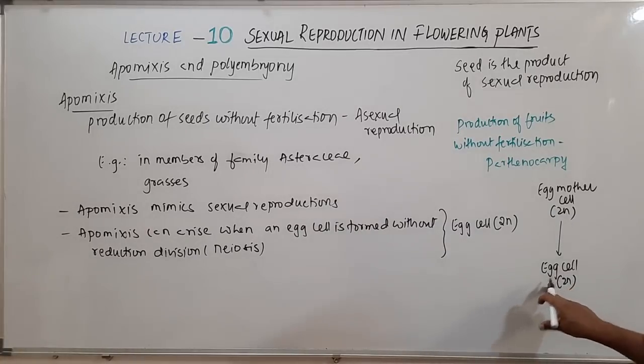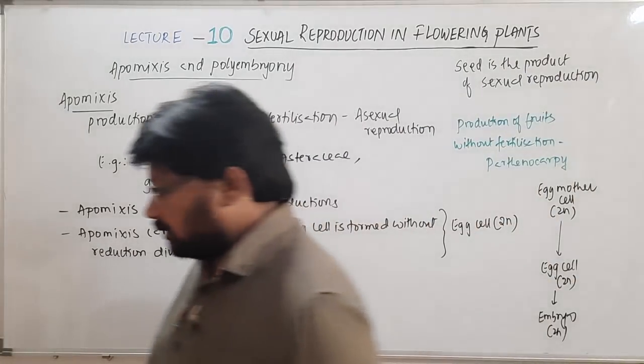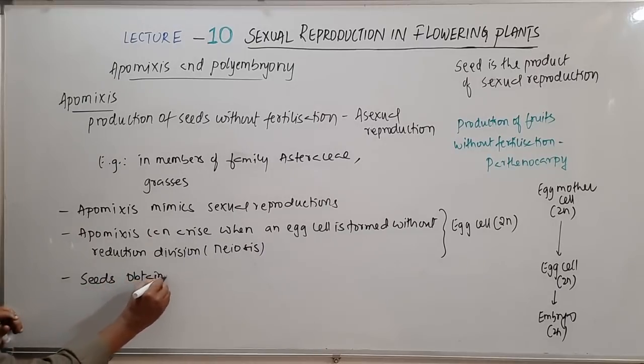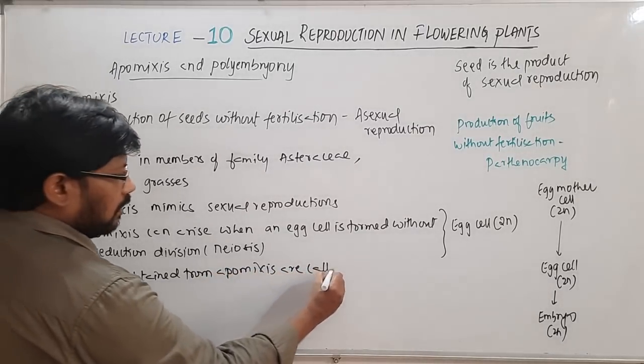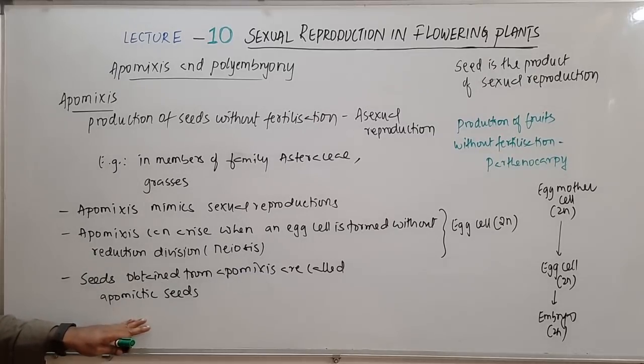Now this egg cell will develop into the embryo, which will also be 2n. Whatever seeds we obtain from the process of apomixis are called apomictic seeds, and these are directly obtained from a diploid egg cell.